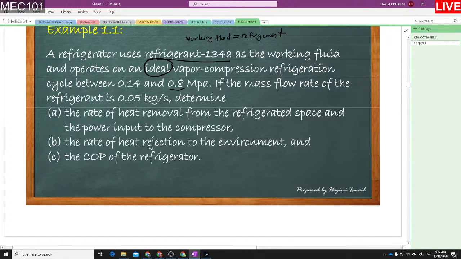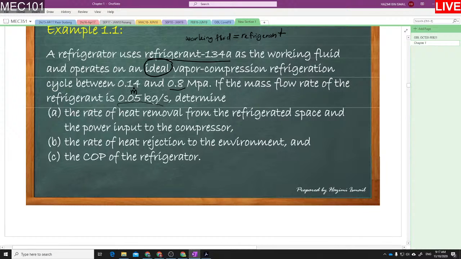megapascal. And then the question says if the mass flow rate of the refrigerant is 0.05 kilogram per second. Okay, awak highlightkan semua yang penting. This is mass flow rate.